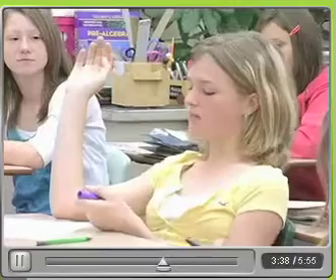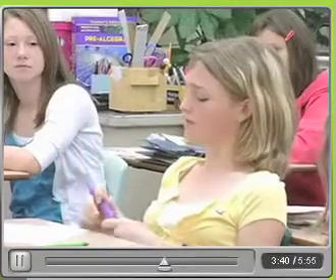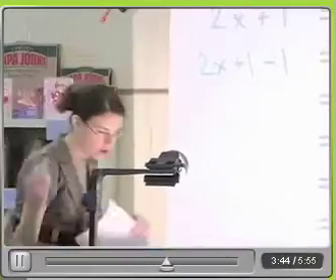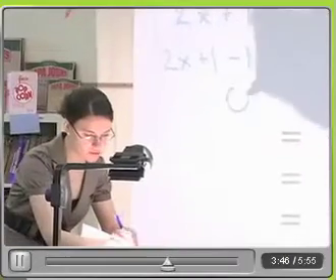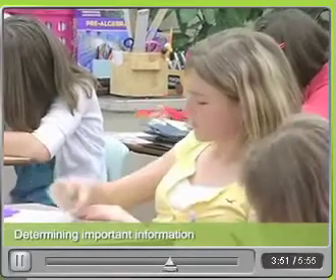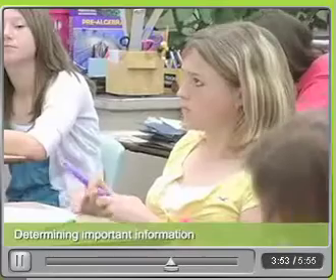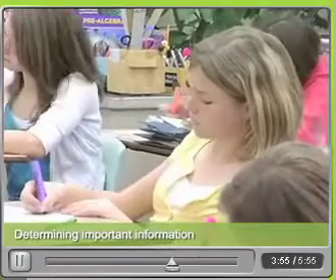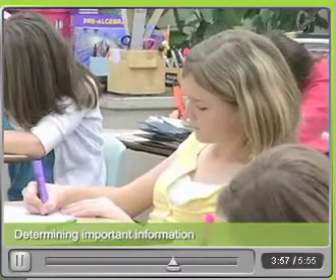Ashley? The 1s, and then it'll be 0. Right, because 1 minus 1 is 0. So let's write down a 0. Okay? And even though that might seem insignificant, it is important to show that we understand inverse operations. So get your highlighter and just highlight right over top of that 0.